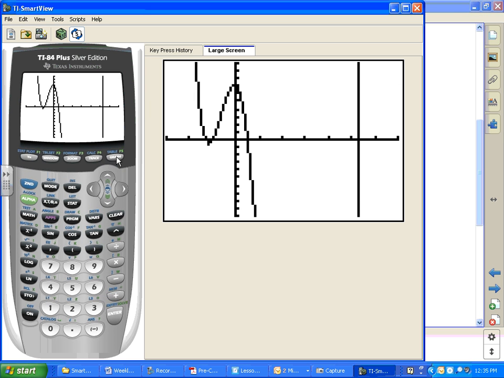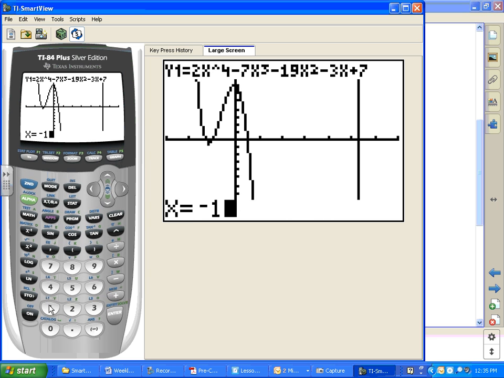Now here's the one thing I know, is when I'm trying to find all of them, I'm going to look to see if there's any whole number ones first. Okay, looks like there might be one here at -1, right? So we'll check that one. So we'll hit trace, type in -1, and okay, there's a 0 there. But from my graph, I know there's another one right next to it, don't I?